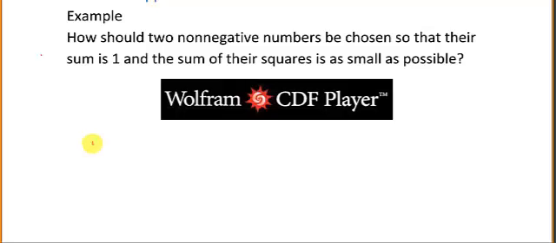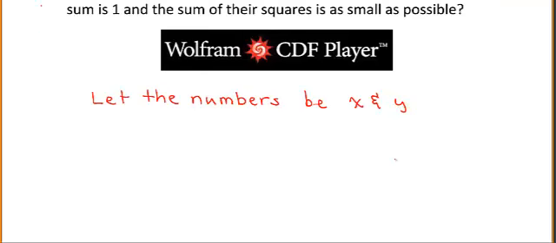So we'll let the numbers be x and y. We want to make the sum of their squares as small as possible. So here's the expression that we want to minimize: x squared plus y squared. We want to make this as small as possible.